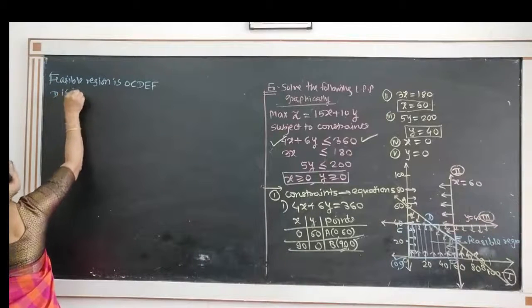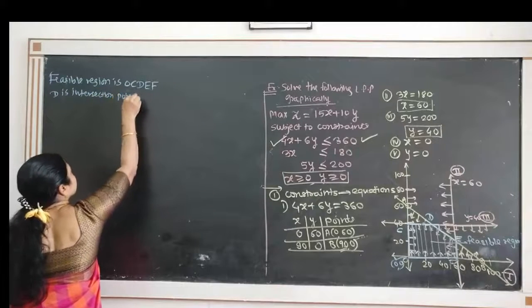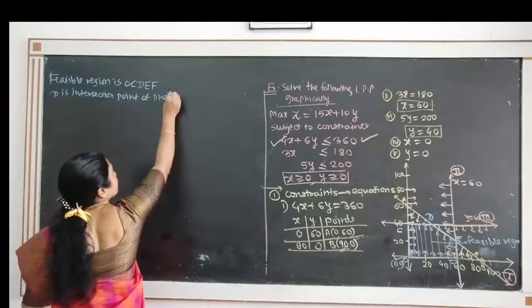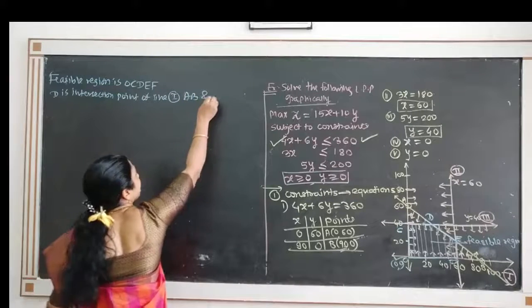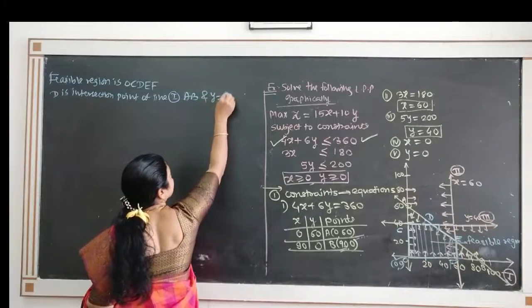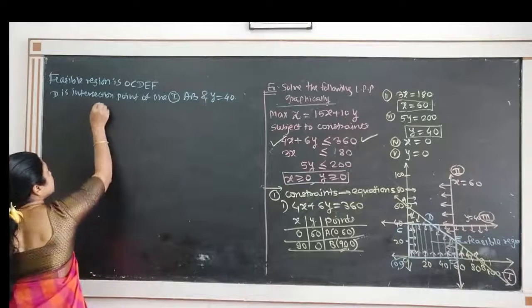So D is the intersection point of line 1, that is AB line, and line 3, that is y equal to 40. So solve the equations simultaneously.